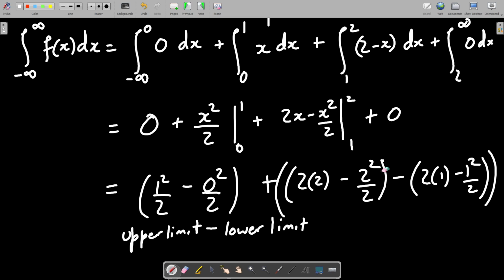Upper limit minus lower limit it is. So whatever is there on top here, substitute, then subtract the bottom. Okay, clear?